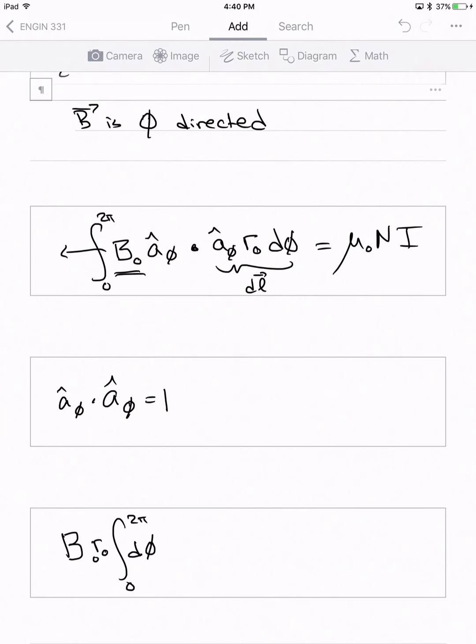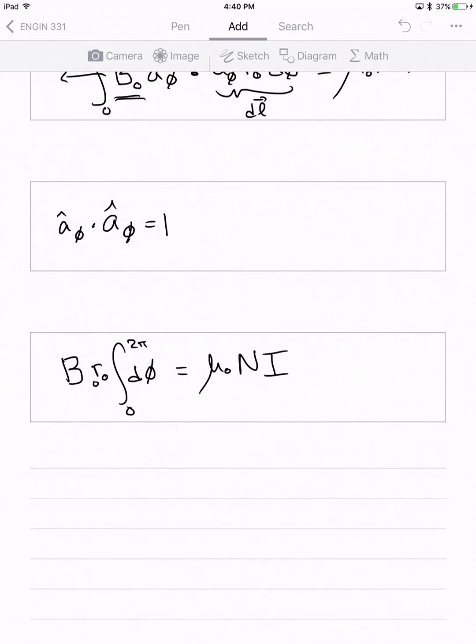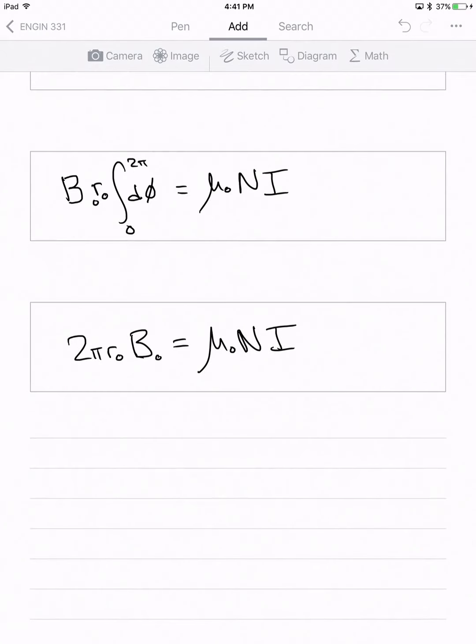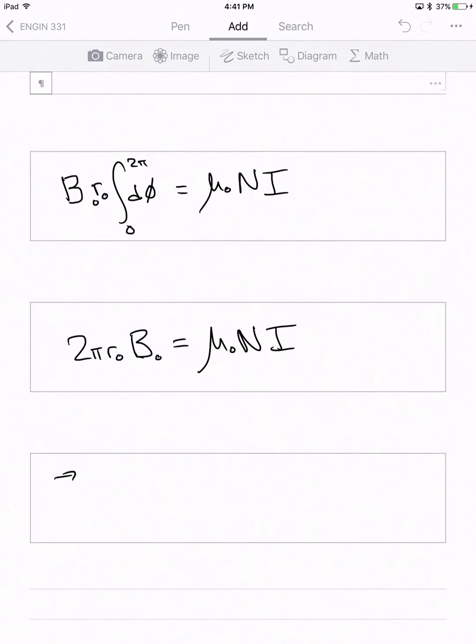So that's just an integral of d phi now is equal to mu naught n I. And when I evaluate that, I have 2 pi R naught times B naught is equal to mu naught n I. So then B, which is equal to B naught a hat phi, is going to be equal to, once I solve for B naught, a hat phi times mu naught n I divided by 2 pi R naught.